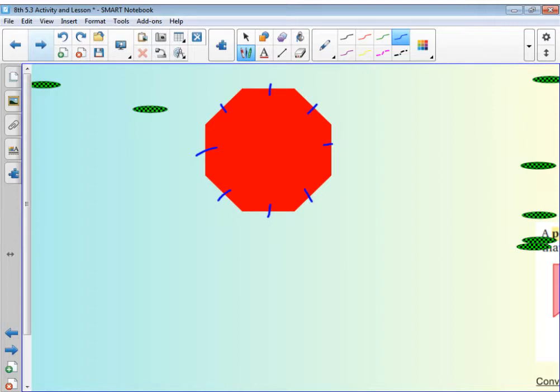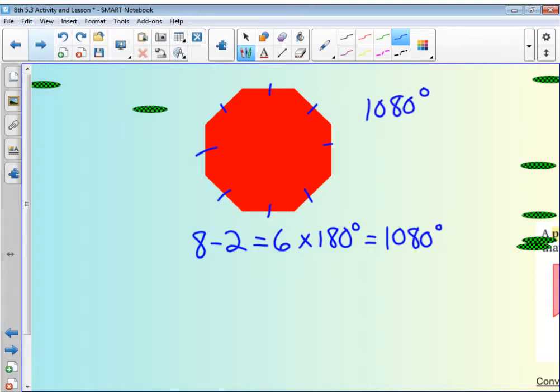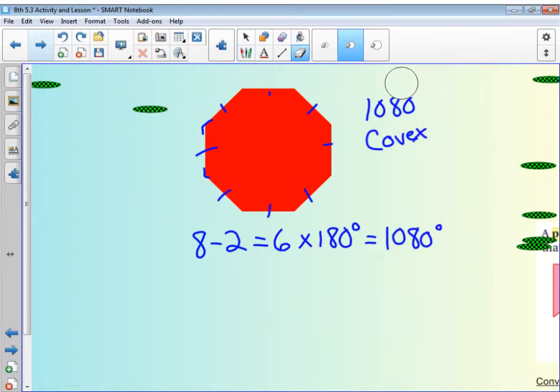Our formula is 8 minus 2, which gives us 6, and then we take that times 180, because that means there are 6 triangles that make it up. 6 times 180 is 1,080 degrees. So it's a 1,080 degree figure, and all of the vertices point outward, so again, this would be a convex polygon.